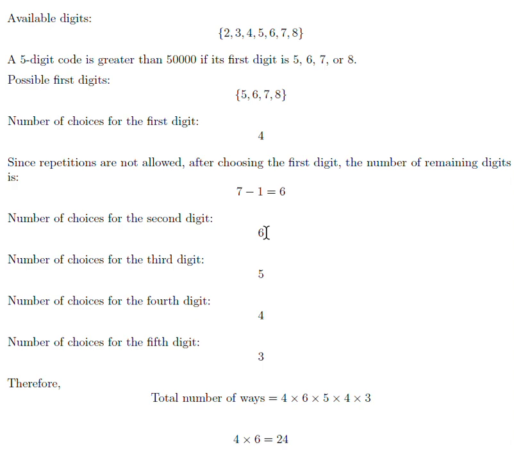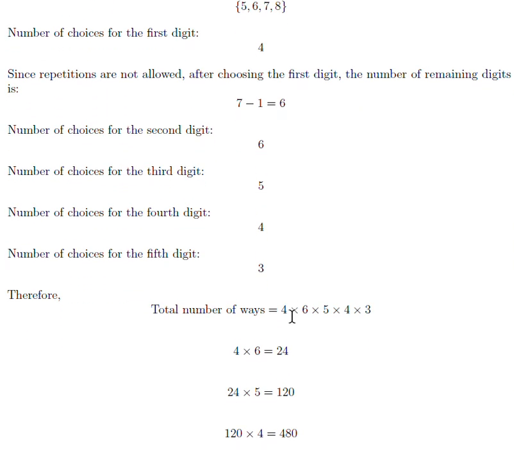That's why I have 6 numbers left, right? And it keeps descending like that because the second position will also pick a number, and we'll be left with 5 numbers to shuffle from for the third position. For the fourth position, because the third position has taken a number, we'll be left with 4 numbers to shuffle on, and the fifth position likewise we'll be left with 3 numbers to shuffle on.